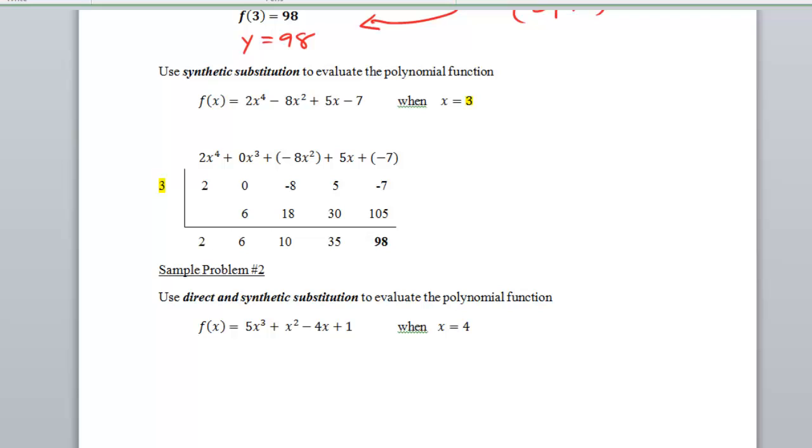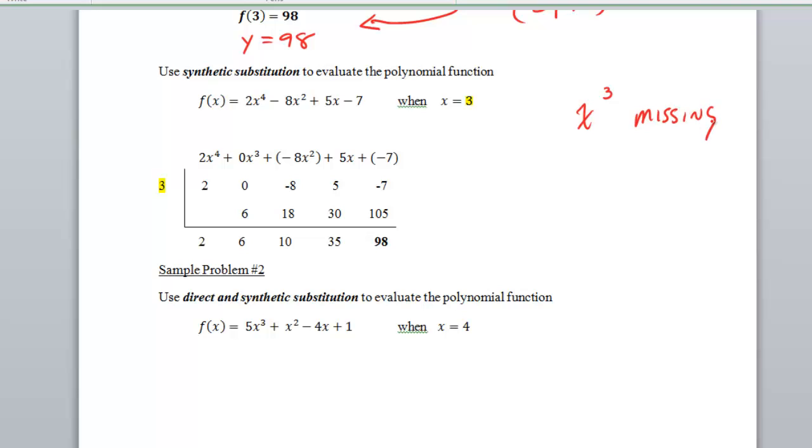What happens in synthetic substitution is we pull out all of the coefficients and work with just the coefficients and eliminate the variables. Now, in order for this to work, we must be working with every single coefficient. What I mean by that is this: if you look at the original function, we are missing an x to the third term. It's not actually in there.